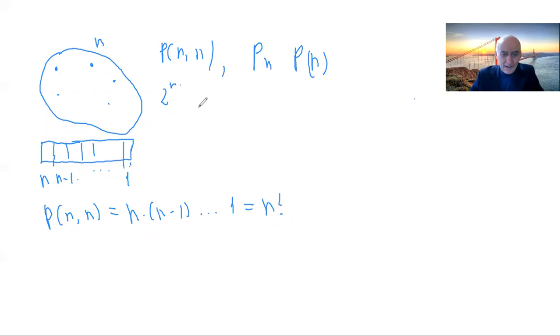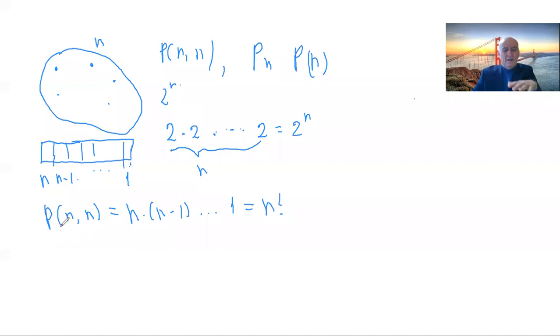Two choices for the first element, two choices for the second element, and so on, two choices for the last element. Using the product rule, this is 2 to the power n.